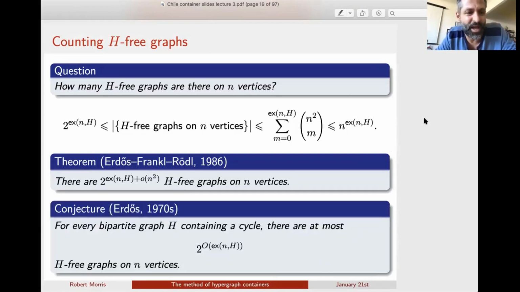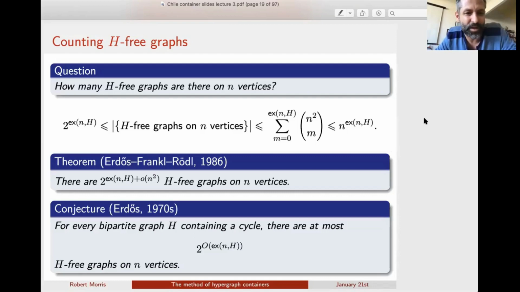And Erdős asked a long time ago if the lower bound is basically correct for every bipartite graph containing a cycle. So he conjectured it's true for all bipartite H containing a cycle. If H is a tree, then the upper bound is correct by some simple counting, or at least sometimes.